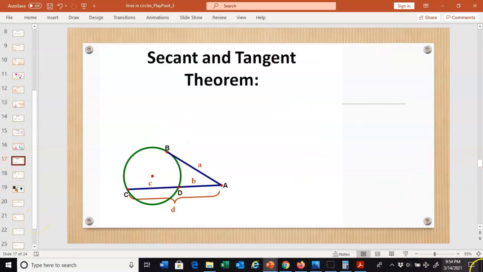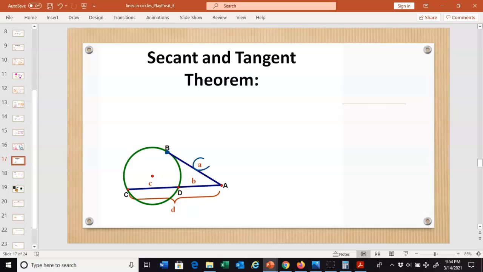So we have another theorem. It's very similar, except this time, instead of two intersecting secants, we have a secant and a tangent. So BA is a tangent, right? Point B is the point of tangency. And then we have the secant going through the circle.